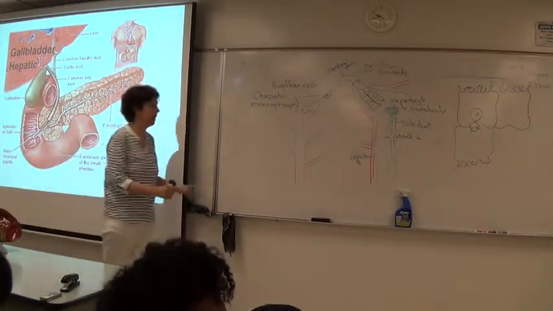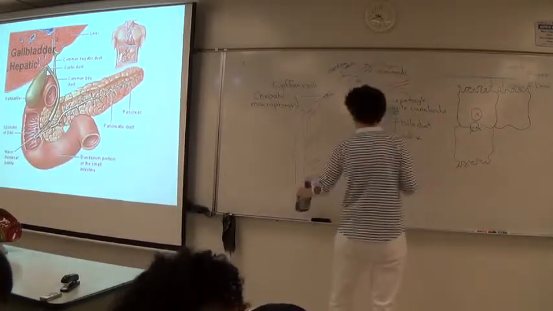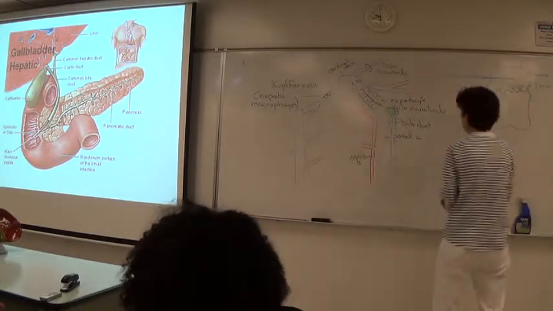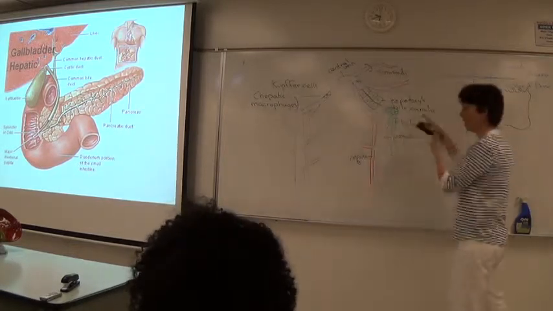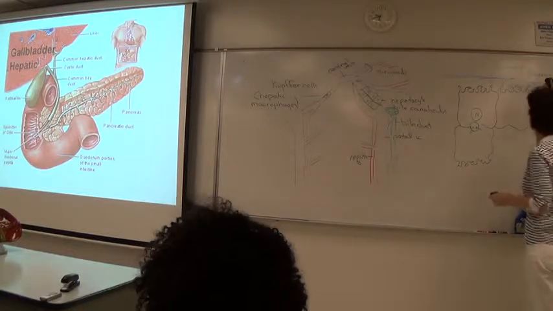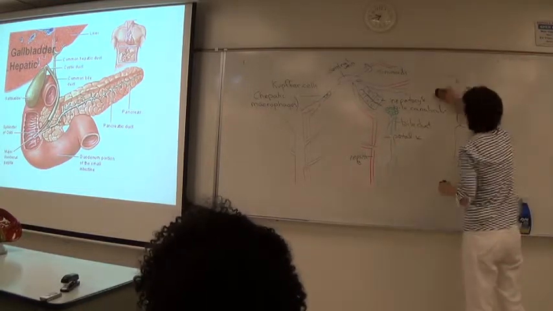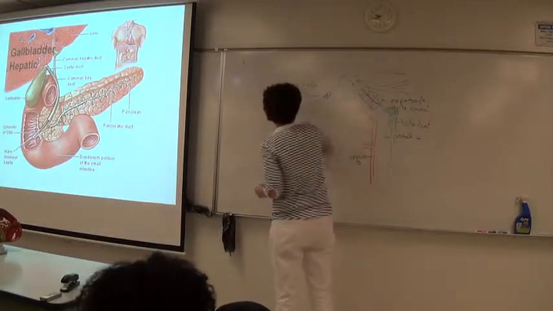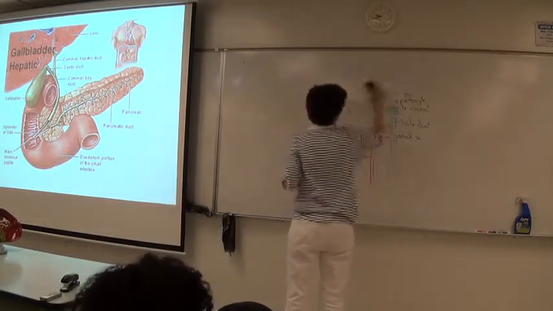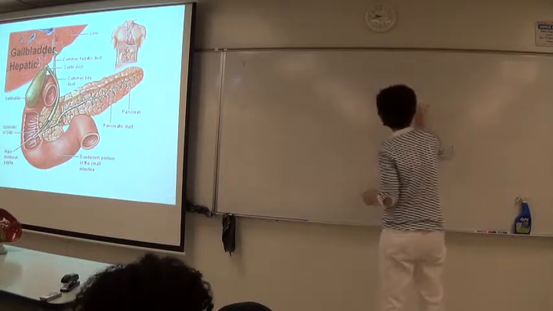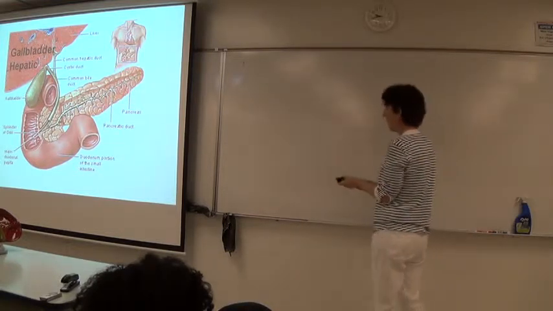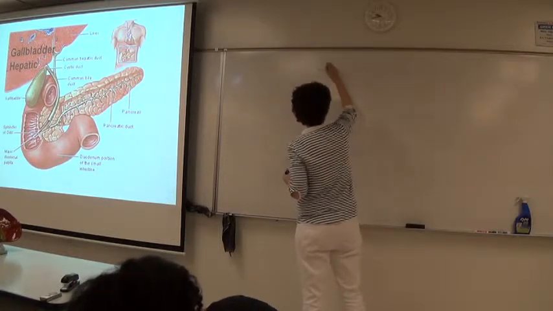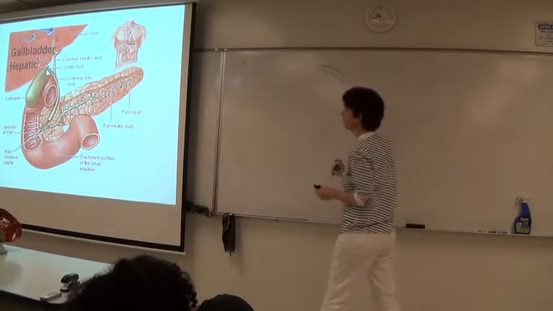So let's look at the pattern of the extrahepatic ducts that are formed as it leads down to the small intestine. You guys got the diagrams here that you need? So from the right lobe of the liver, we get the right hepatic duct.